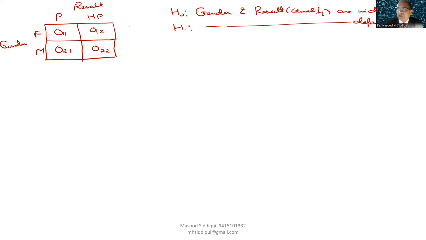This total would be R1, the row sum, this is R2. And the column sums are C1 and C2. And N is the grand total. So these are the observed frequencies. The Oij's are observed frequencies.